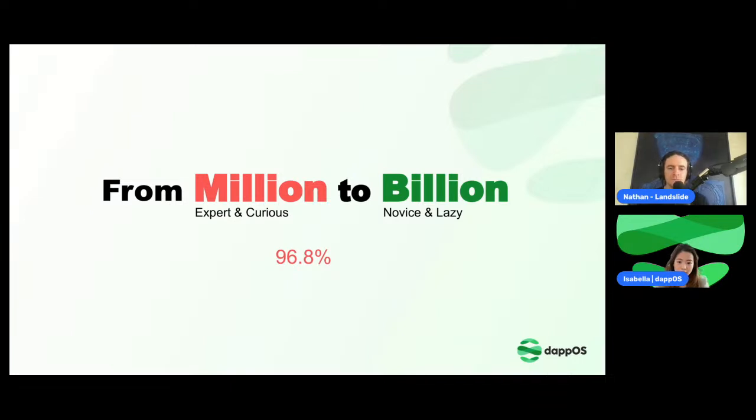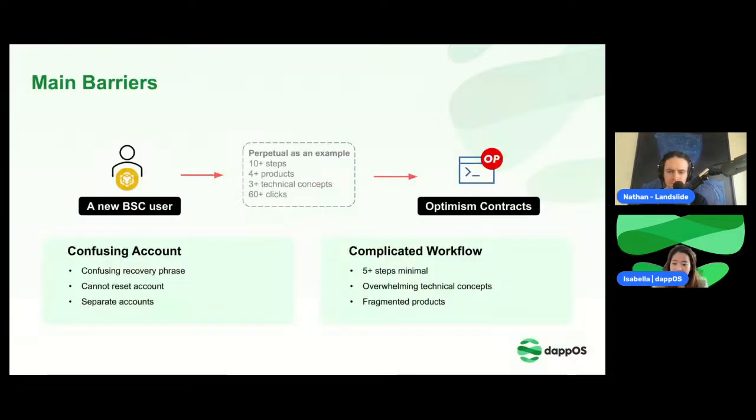And despite the fragmentation, there are two more major difficulties for users to join Web3. One is the confusing account logic, and the other is the complicated workflows. The confusing account logic often involves the complexity of the underlying blockchain technology.